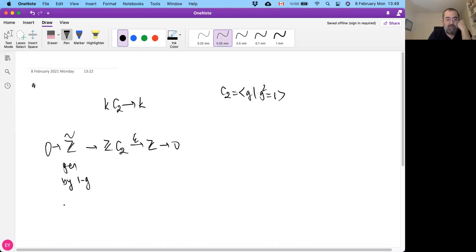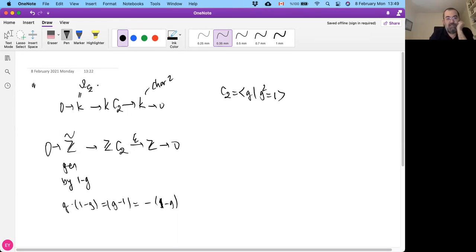So when you act with g on this, you get g minus 1, which is minus the generator. So that's why it's Z tilde. But when you're working over a field with characteristic 2, the kernel, K tilde, is the same as K. So this Heller shift of K, for C2, is isomorphic to K.